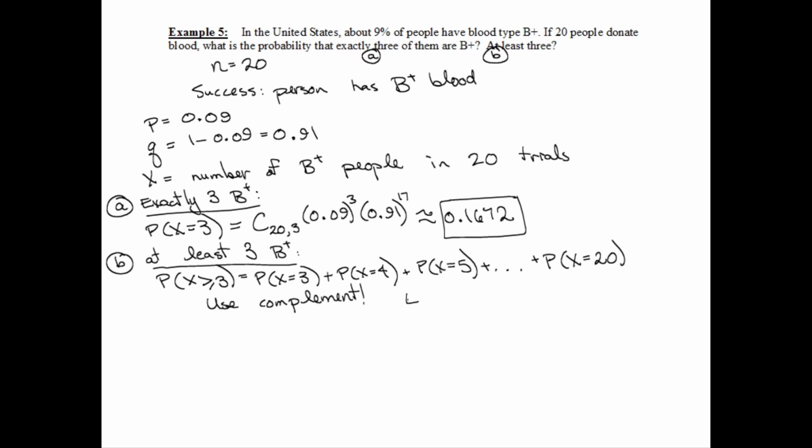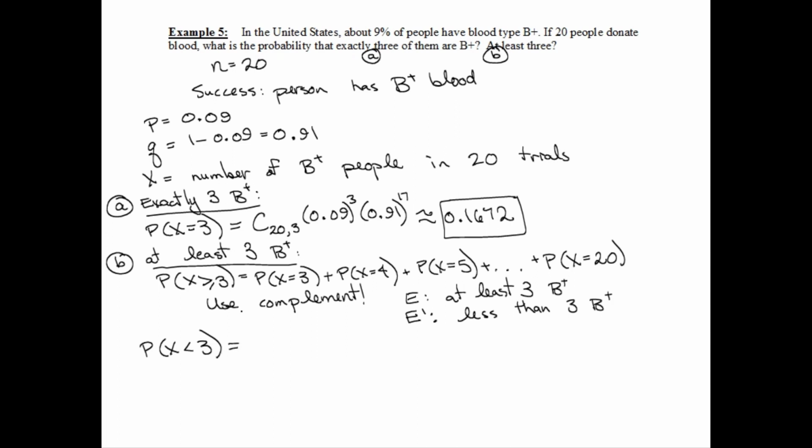So if my event is at least 3, then what is my complement? Less than 3, right? In other words, what we want to find is the probability that we have less than 3 successes.